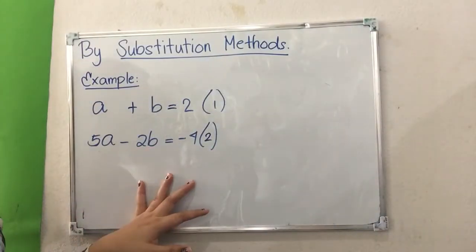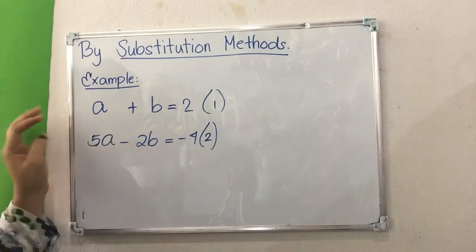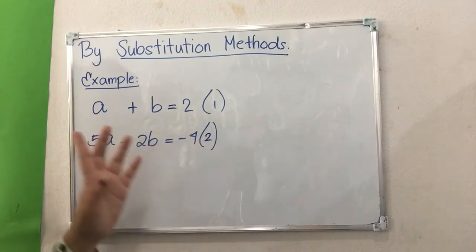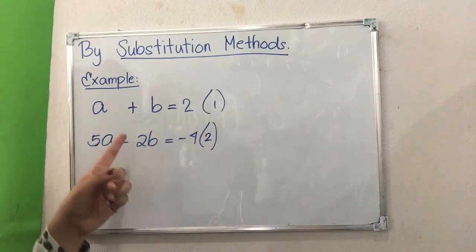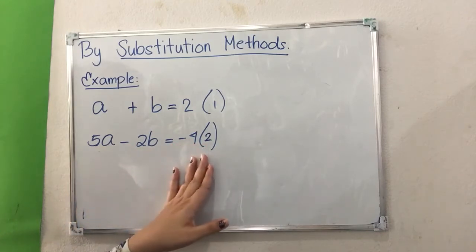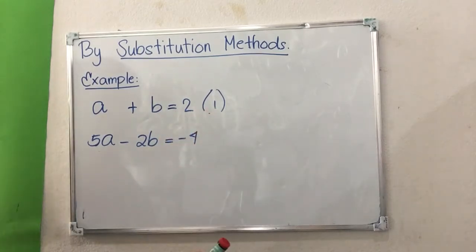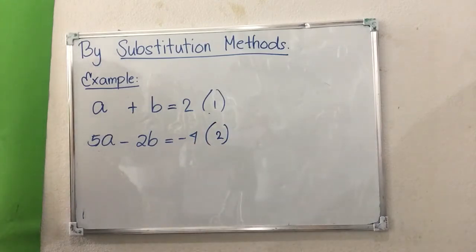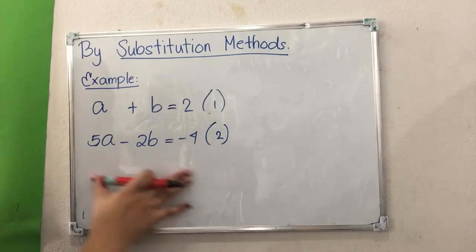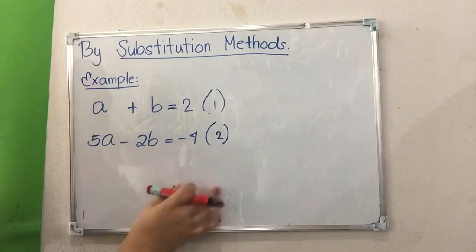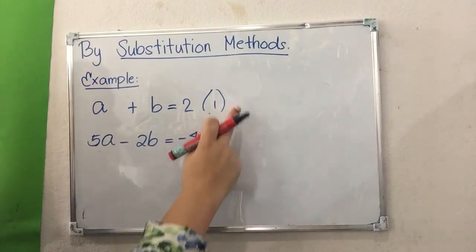Next example. I have two equations. The first equation is a plus b is equal to 2. The second equation is 5a minus 2b is equal to negative 4. Note that this is not a times. What is the first step again? We have to make another equation by rearranging either equation 1 or equation 2.